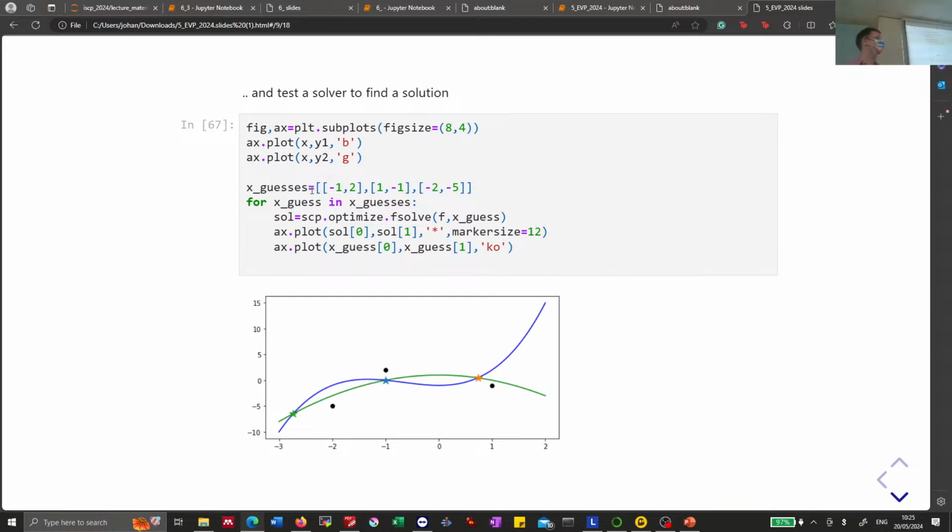Just now with my Newton solver, I provided my first guess of x. And here with fsolve or Newton from the optimize subpackage in SciPy, it would do the same, right? But when we choose one starting point, how do we know which of the 3 different roots we actually get?